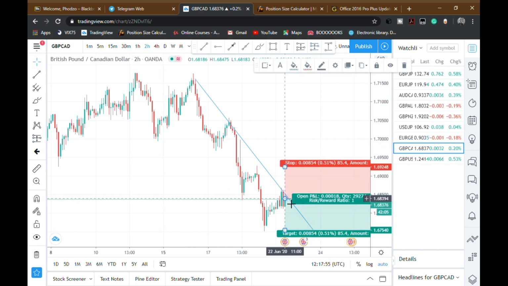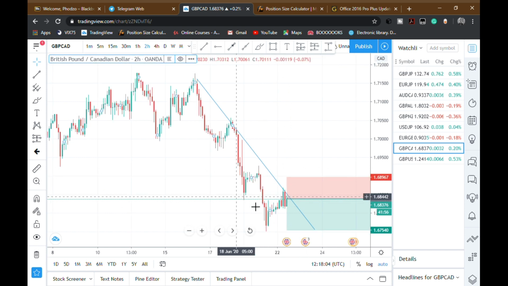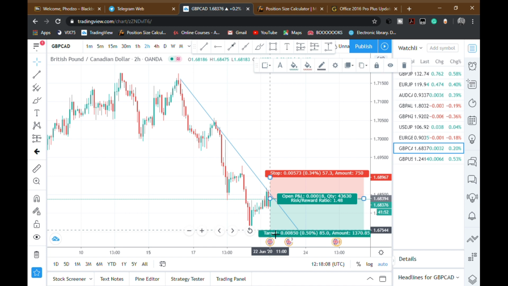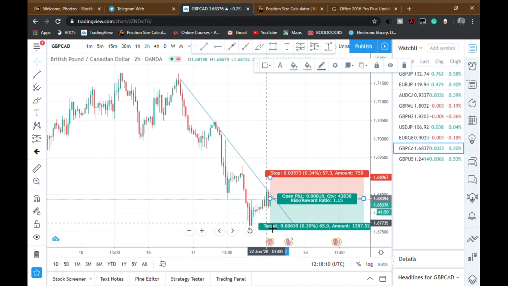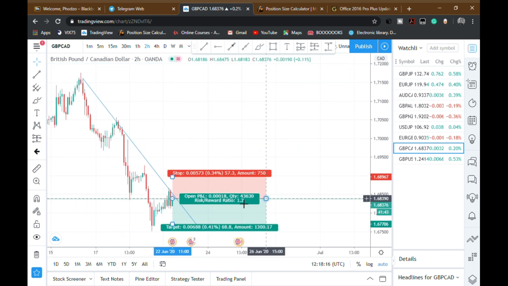Stop somewhere here, and then take profit somewhere right here for 1:1. Yeah, this wouldn't be a bad trade.